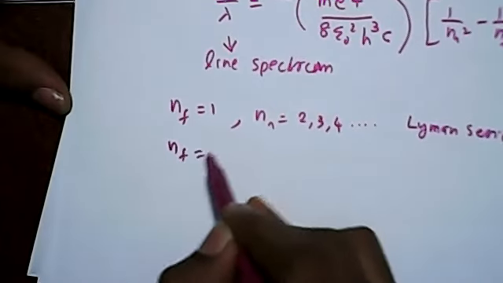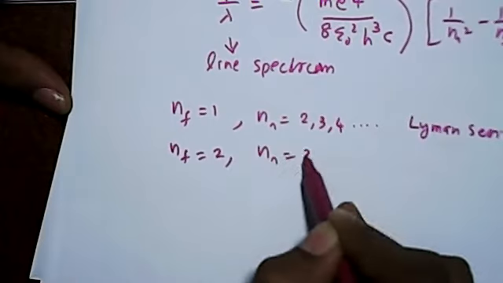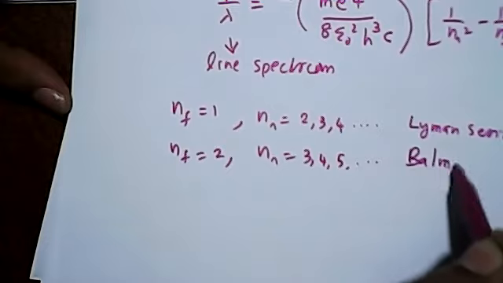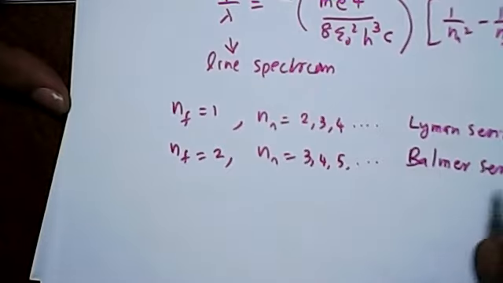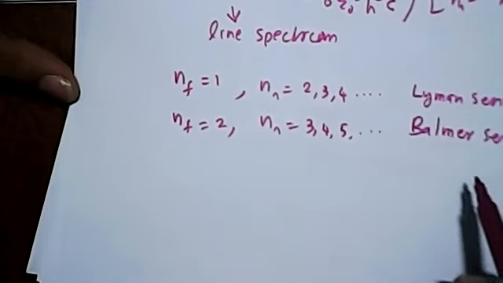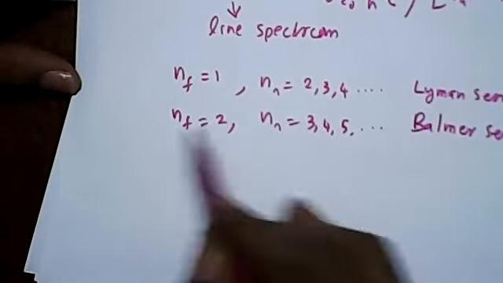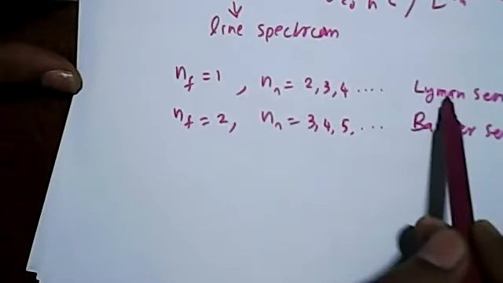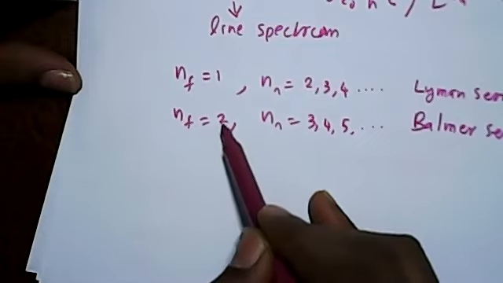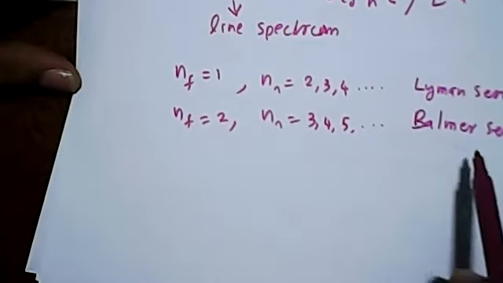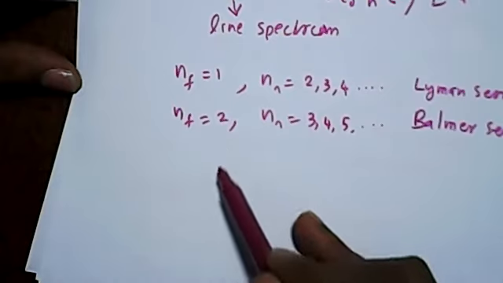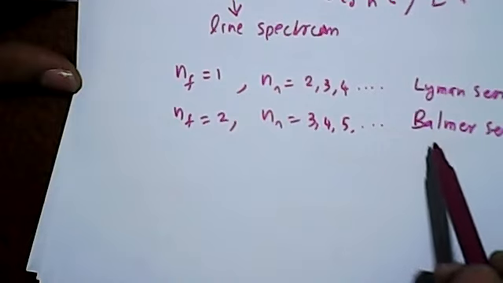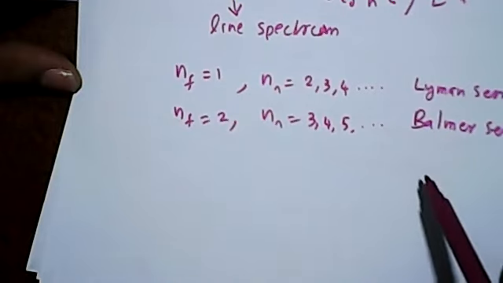Put n_f equal to 2, n_i equal to 3, 4, 5, etc. That is the Balmer series. Similarly, you can write the other series also. I think I don't have to explain all these; these are very simple things. If the final state is the ground state, that is the Lyman series. If the final state is the first excited state, that is the Balmer series. If n equal to 3, 4, and 5, correspondingly you get the other series, Paschen and Brackett.